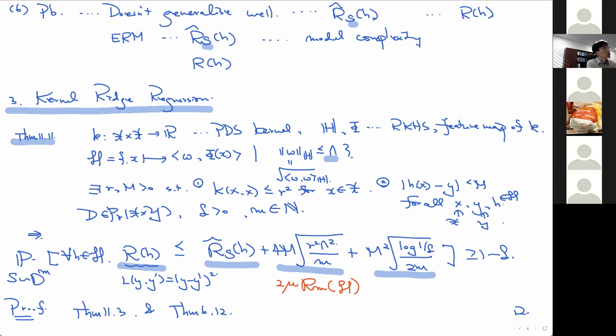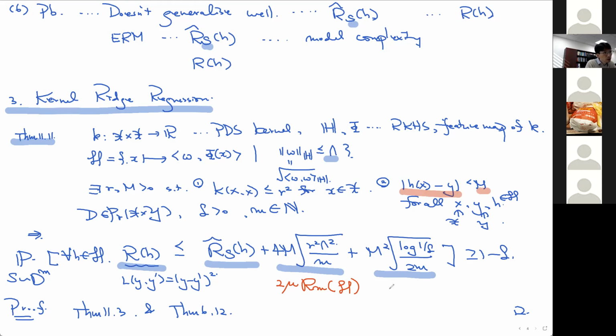But in our case, the loss function is the square of this difference, h(x) minus y, so the bound is going to be M squared, because our loss is a squared error.